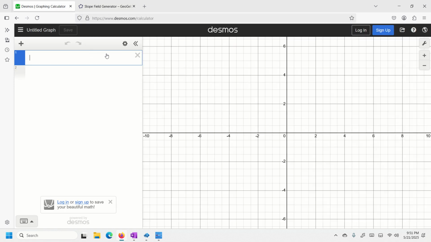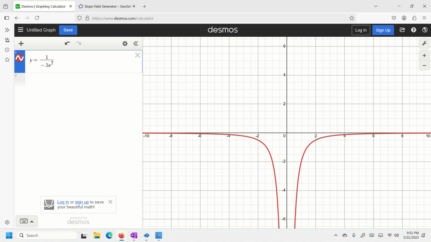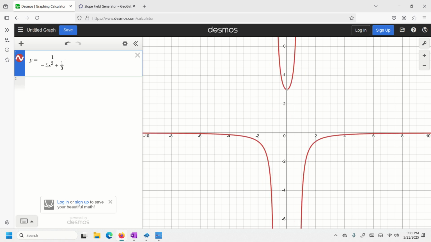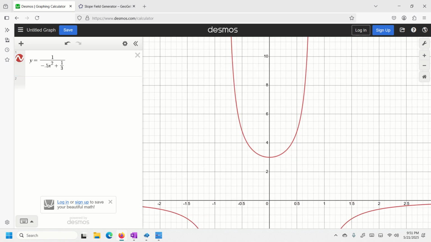So I'm graphing the function y equals the fraction of 1 over negative 1/2, negative 0.5, x squared plus 1/3. And around the neighborhood of 0, 3, here is the graph that we're considering.